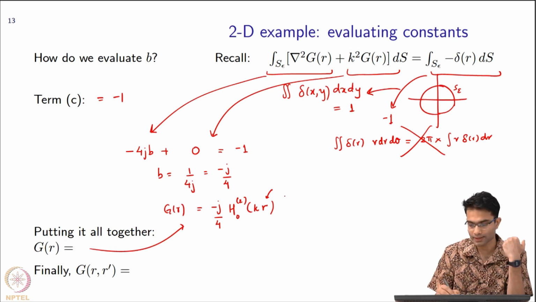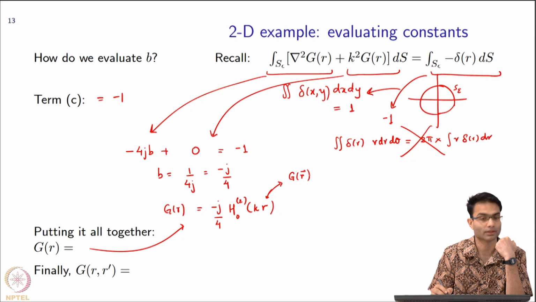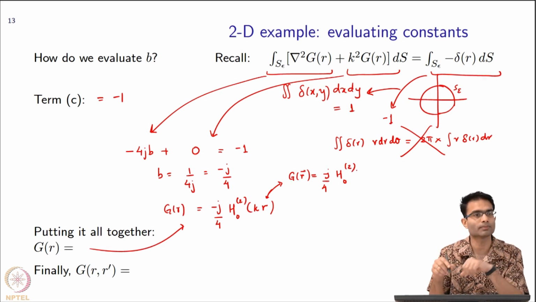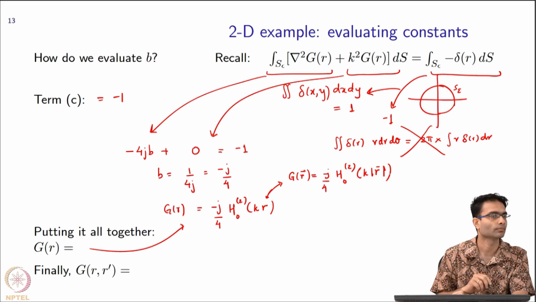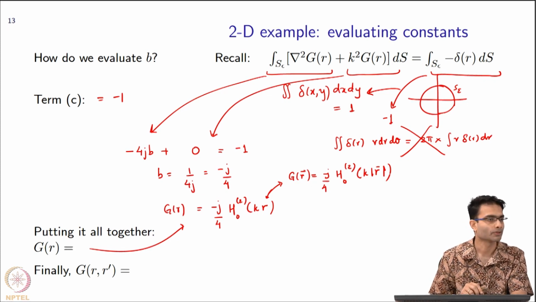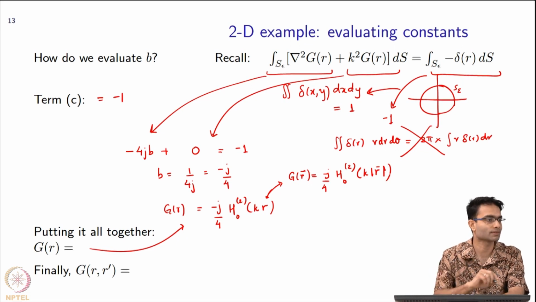So if I want to write this in a more precise way, where g of r vector, r can be anywhere, then how should I modify this? Or just the modulus of r, right. So h naught 2 of k mod r. Okay.